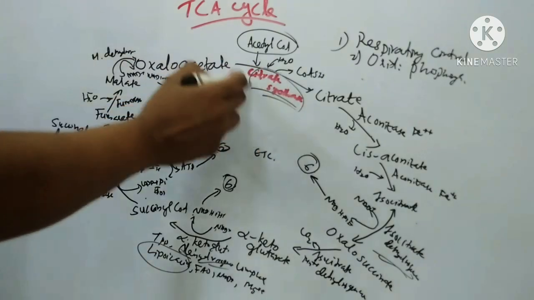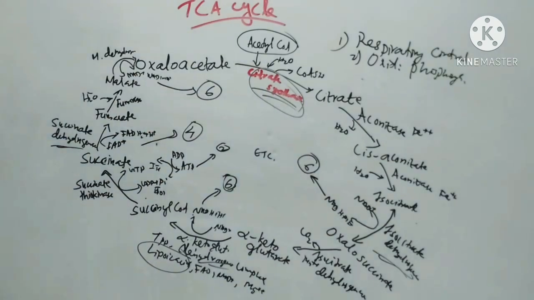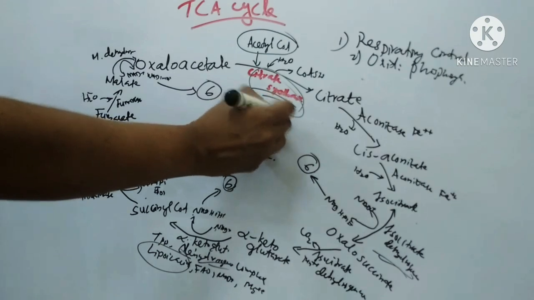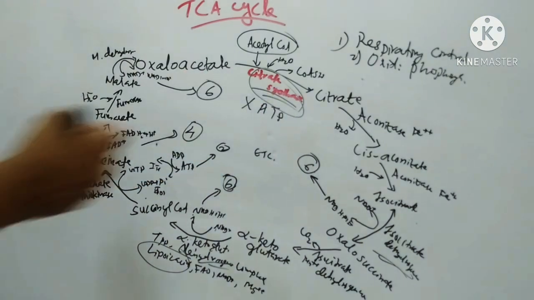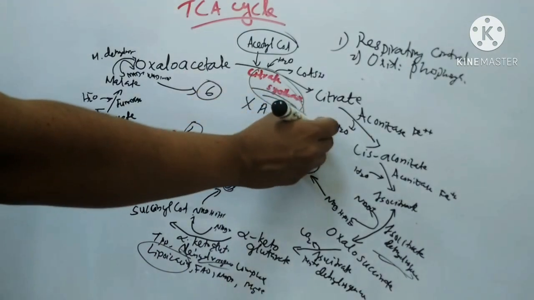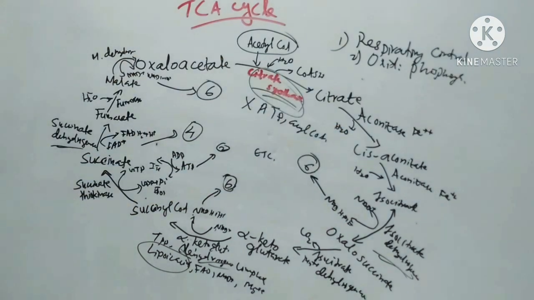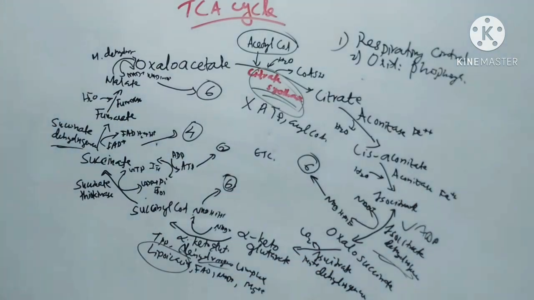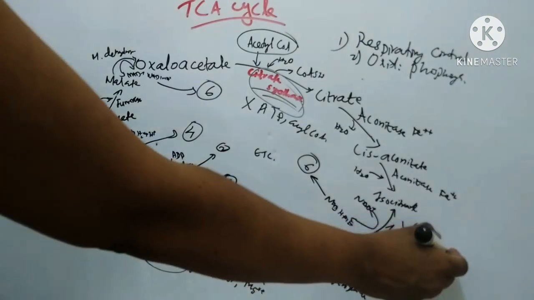Citrate synthase is allosterically inhibited by ATP and long chain acyl-CoA. Isocitrate dehydrogenase is activated allosterically by ADP and inhibited by ATP and NADH.